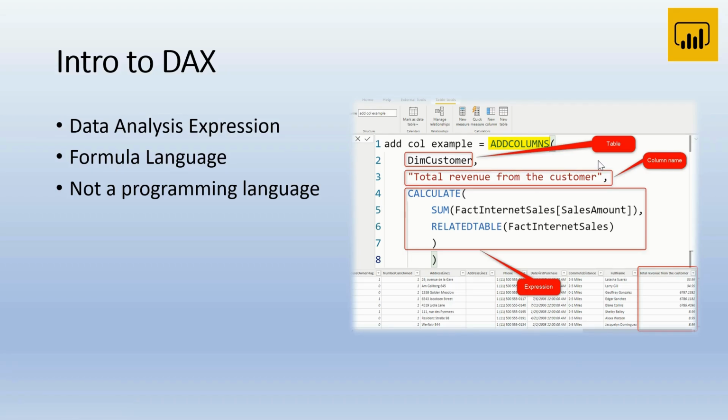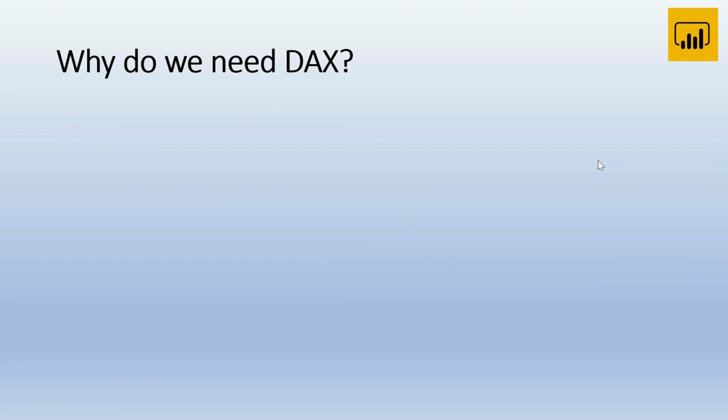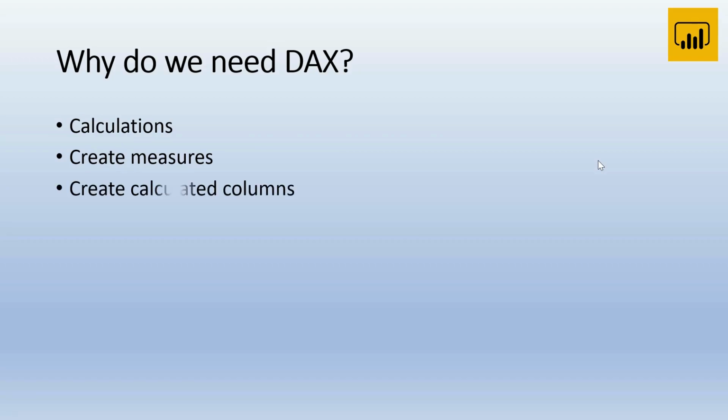Right, so next we have, why do we use DAX, or why do we need DAX basically? We need DAX to create particular kinds of calculations. We use it to create new measures using DAX. We can create calculated columns also. We create calculated tables as well. What the difference is between measures, calculated columns and calculated tables, we will study further.